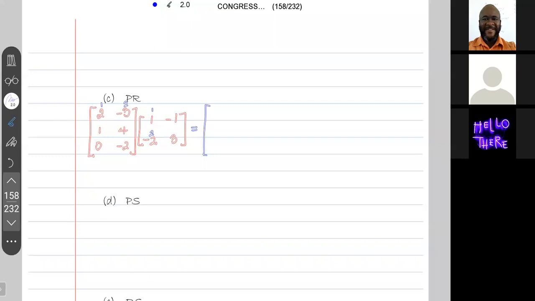First element in the row times the first element in the column. So that's going to give us our top left element. You're going to multiply first by first, second by second. So it's 2 times 1, which is 2. And then minus 3 times minus 2, which is positive 6.